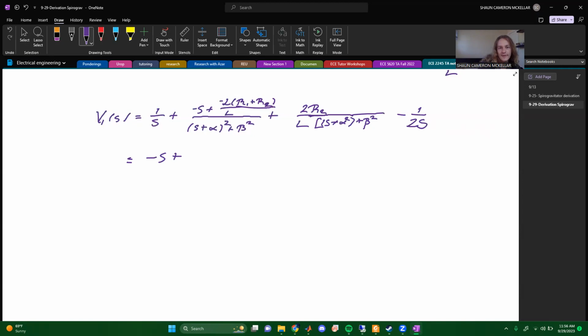I'm just going to write out what it is because this is quite a long derivation and I'm kind of running out of steam here. So this should turn into R2 minus R1 over L. So that's minus S over R2 minus R1 over L. Let me make that a bit more clear here.